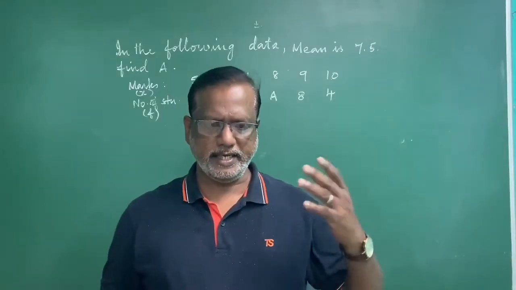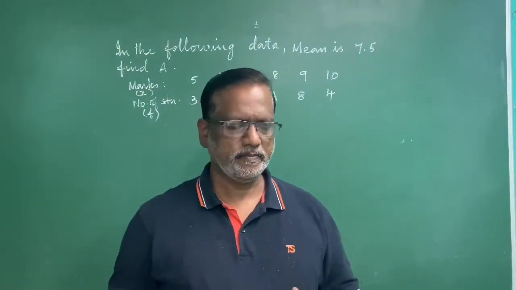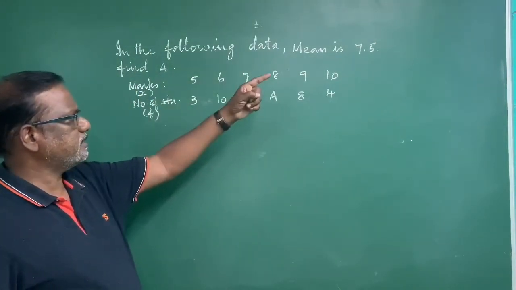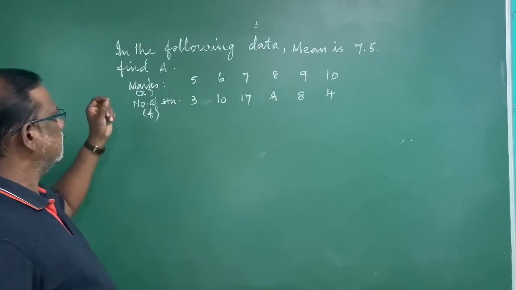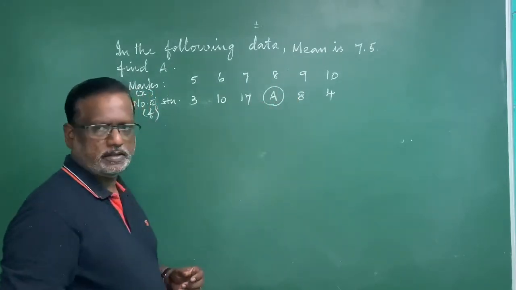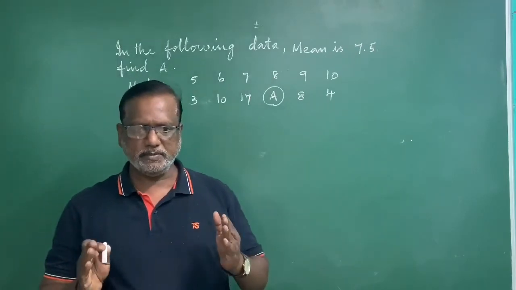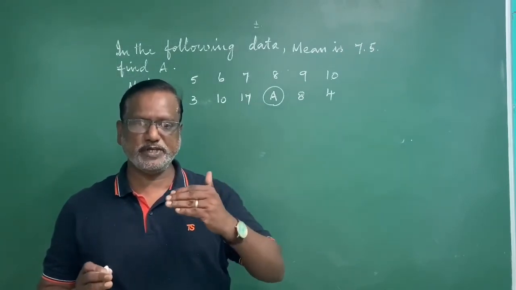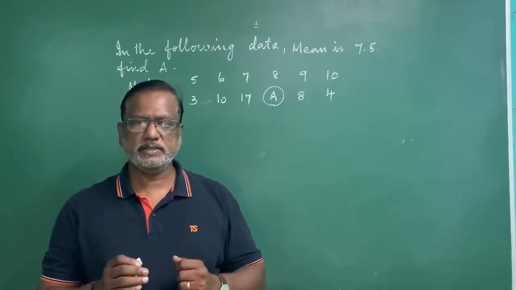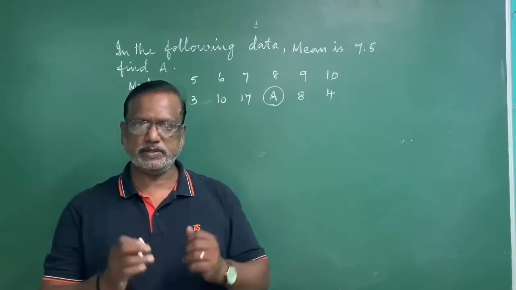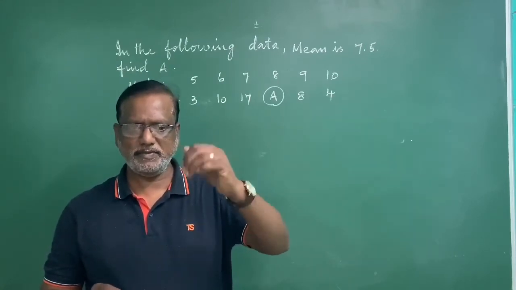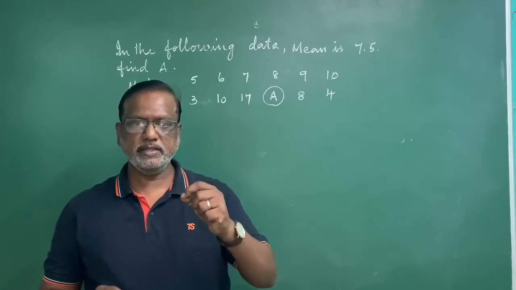Let us see another example. In the following data, mean is 7.5 and find A. We call this type of sum a missing frequency sum. Among the frequencies, we will be having certain values. Our job is to get that value using the given data.